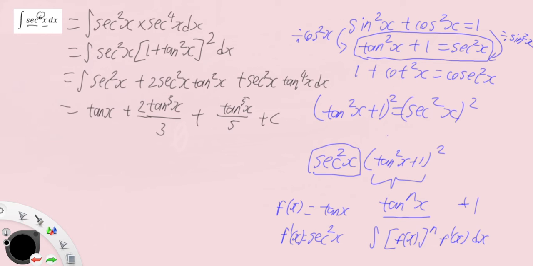What other possible integrals would use this? If you notice, cosecant squared, right? If you differentiate cotangent x, you're going to get minus cosecant squared x. So you could possibly get cosecant squared x or cosecant raised to the power of 2n, and you'll be using this idea as well.